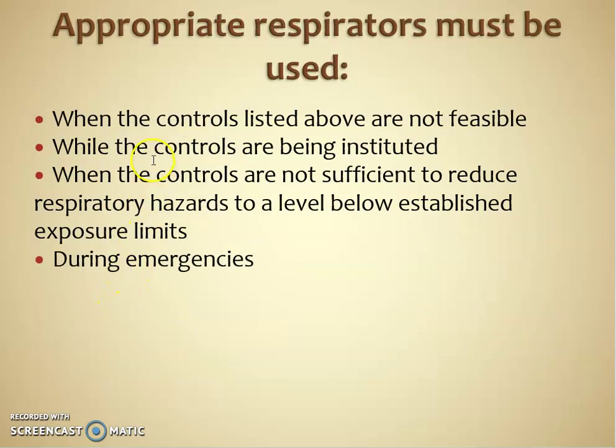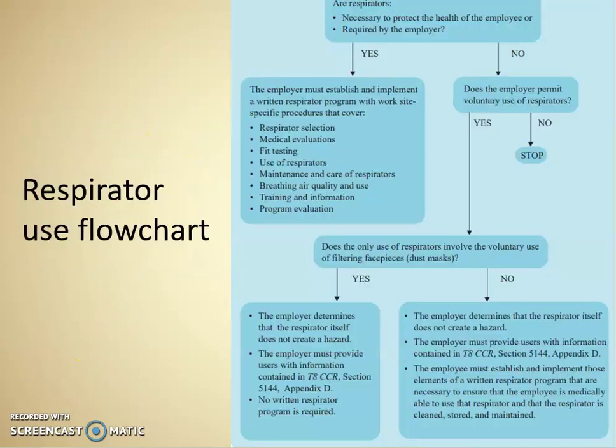Now, appropriate respirators must be used when the controls listed above are not feasible, while the controls are being instituted, or when the controls are not sufficient to reduce the respiratory hazards to a level below the established exposure limits, or in an emergency, of course.